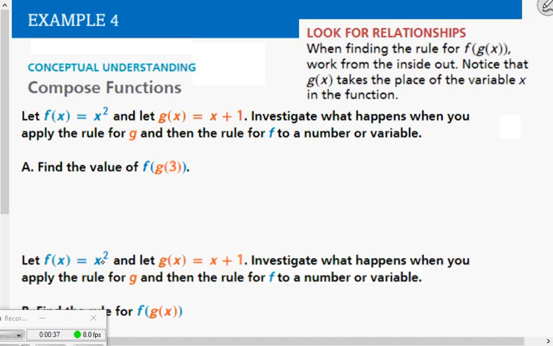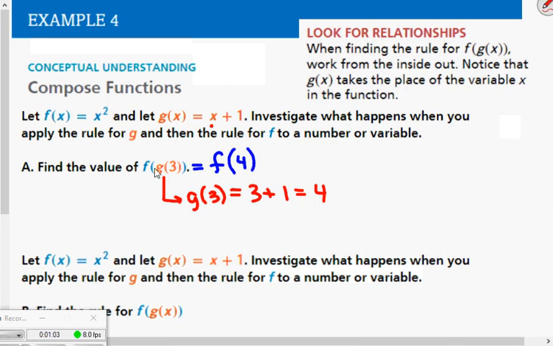So step 1 is to figure out what g of 3 is. G of 3 would basically just be 3 plus 1, which is 4. You feed that 4 back into the process, but it doesn't go back into g. You're going to now find f of 4.